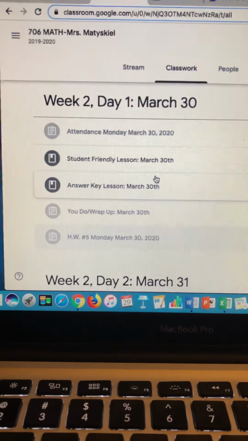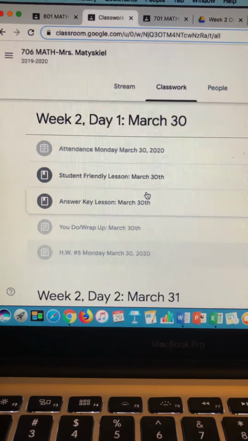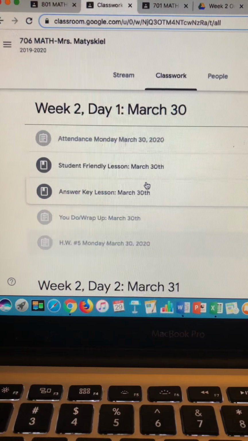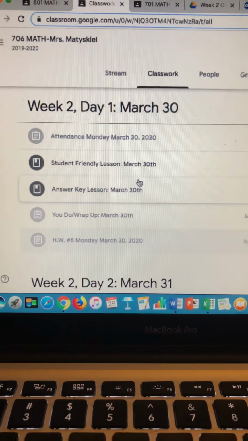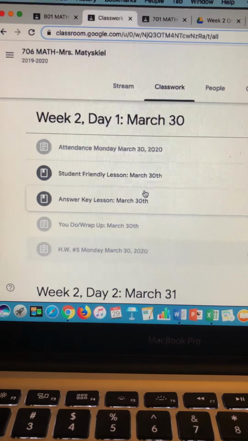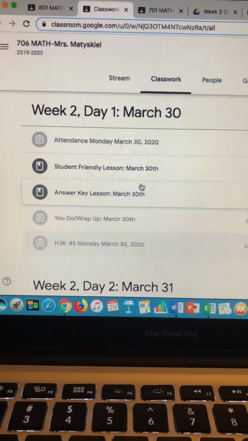Okay, so a pretty easy day today, just distinguishing the difference between random and biased. Remember, random would be where there's no preference to the sample that you're selecting, so there's nothing that's swaying the decision, and biased would be the opposite. So let's say you asked your classmates what their favorite subject is.